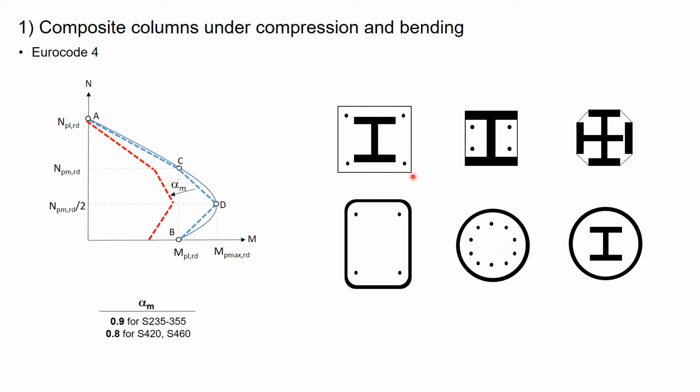So we will focus on this one, and we will assess if these alpha m values are good enough to conservatively calculate the capacity of our CES columns, and if it's applicable in case higher strength steels will be covered in Eurocode 4 in the upcoming generations.